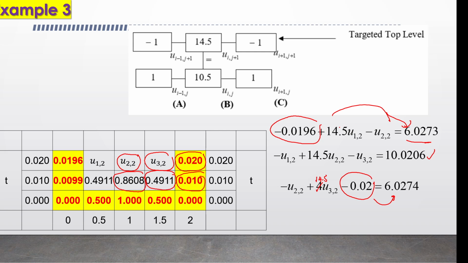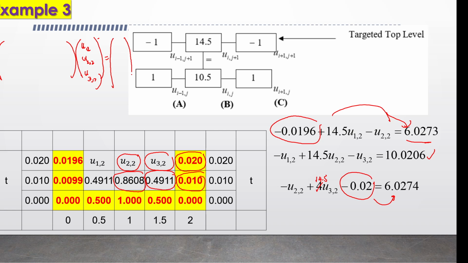You will notice that the matrix A you obtain follows this pattern: negative 1, 14.5, negative 1. The targeted top level gives you the coefficients for your matrix A, and it is actually tridiagonal. This is U11, U12 or level 2, U22, U32.